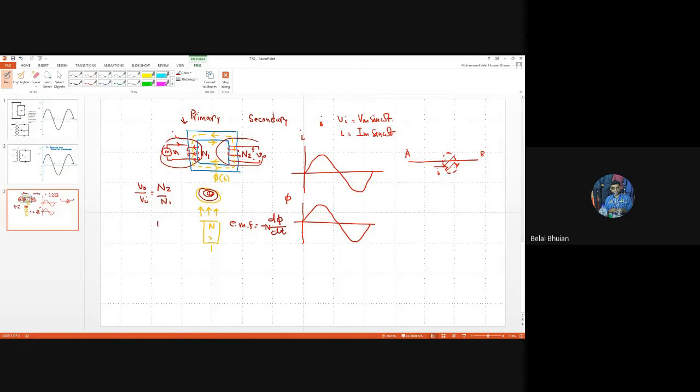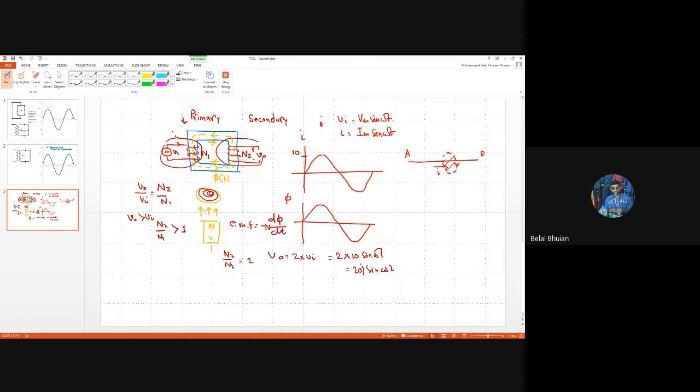Now if N2 divided by N1 is greater than 1, what does that mean? That means V0 will be greater than Vi. For example, let's say its amplitude is 10, and the turn ratio N2 divided by N1 is equal to 2. If Vi is equal to 10 sin omega t, what should V0 be? 2 into Vi, which is 20 sin omega t.